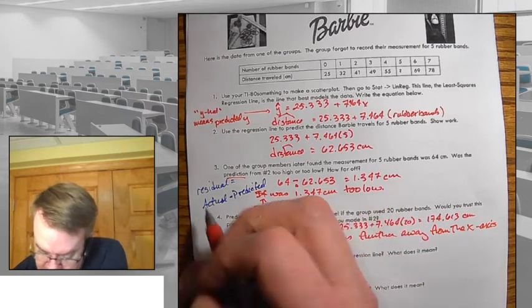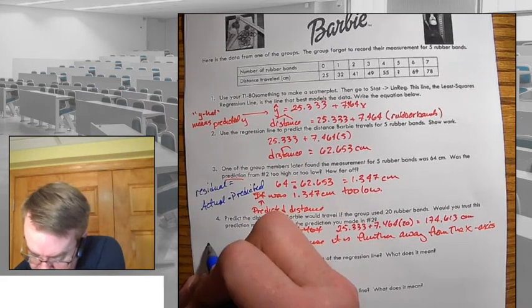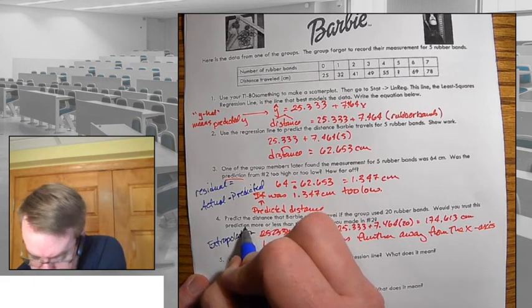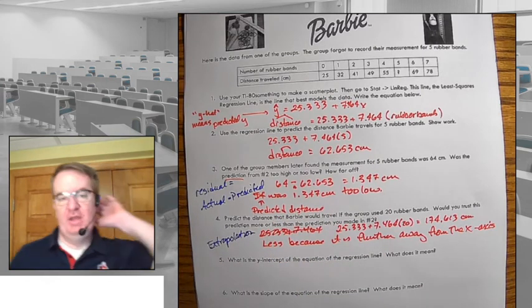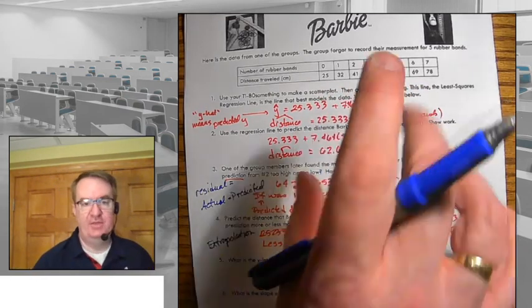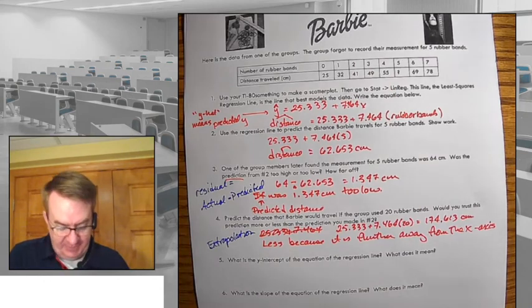Okay, this is called extrapolation. Generally you want to try to keep it within the data that you have yourself over here. Anything outside of that is going to be kind of iffy.